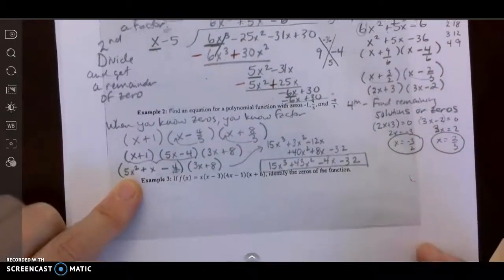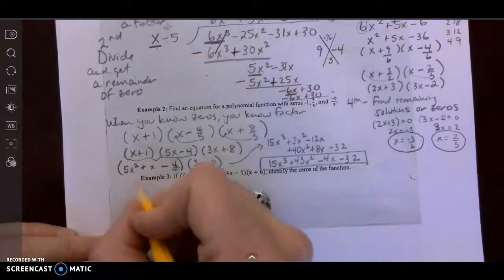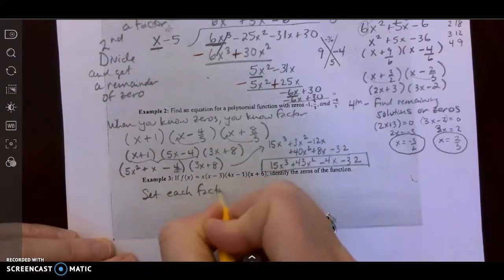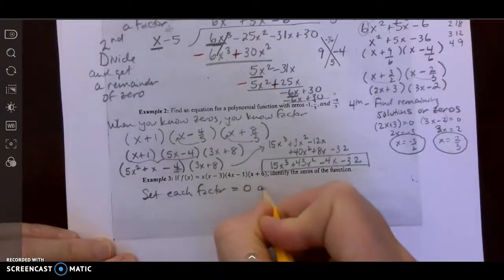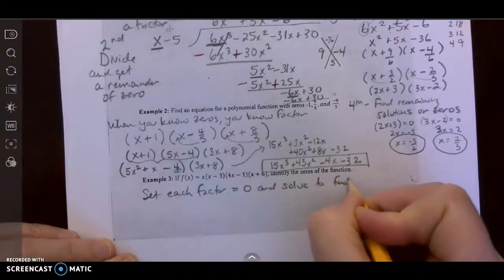All right, example 3. If you are given the equation and it's already factored, identify the zeros. So you're going to set each factor equal to 0 and solve to find the zeros.